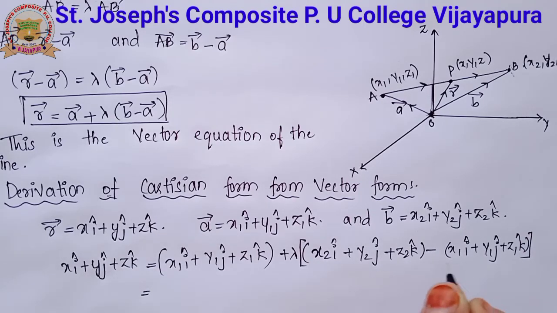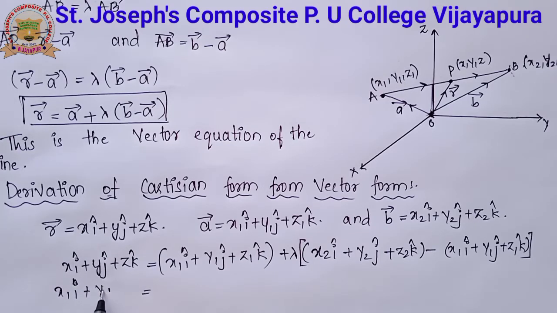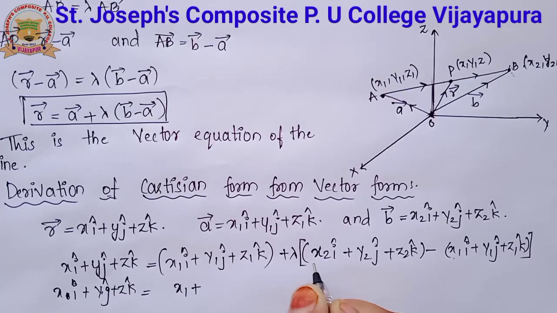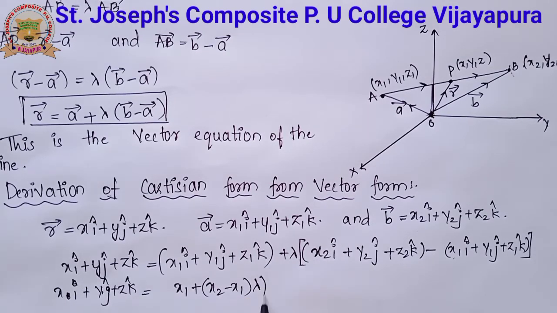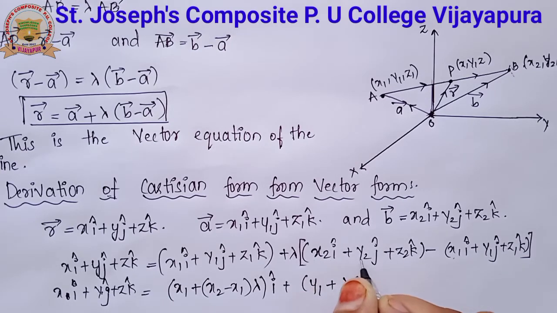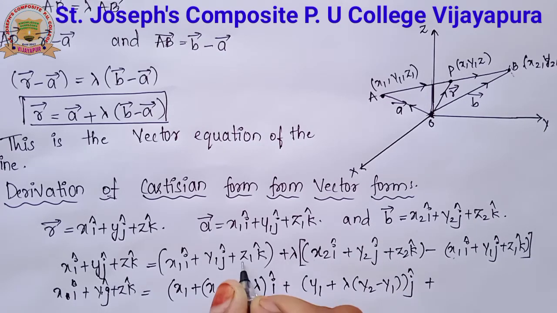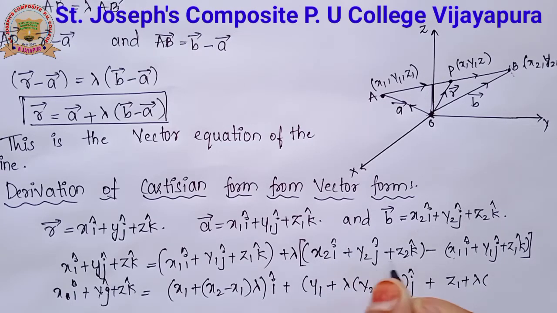So now subtracting these two vectors and adding with this vector, we get xi vector plus yj vector plus zk vector equals x1 plus lambda into x2 minus x1 i vector plus y1 plus lambda into y2 minus y1 j vector plus z1 plus lambda of z2 minus z1 k vector.